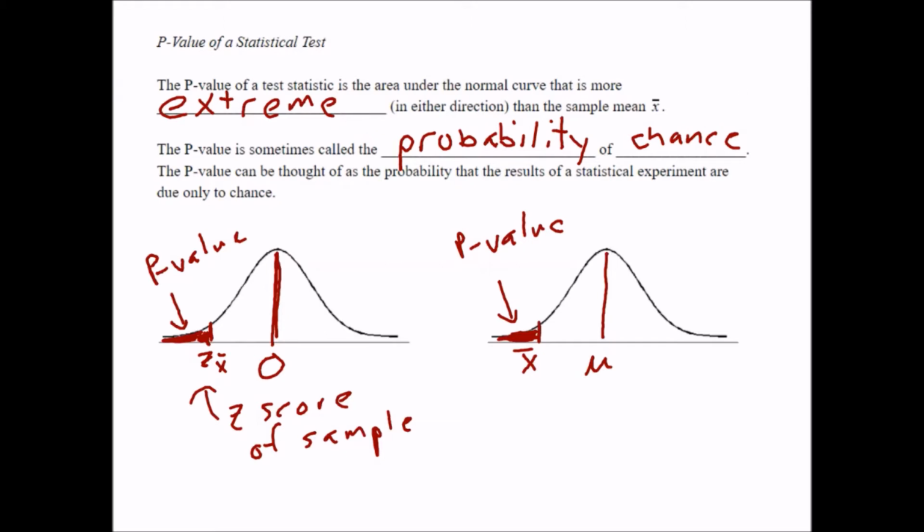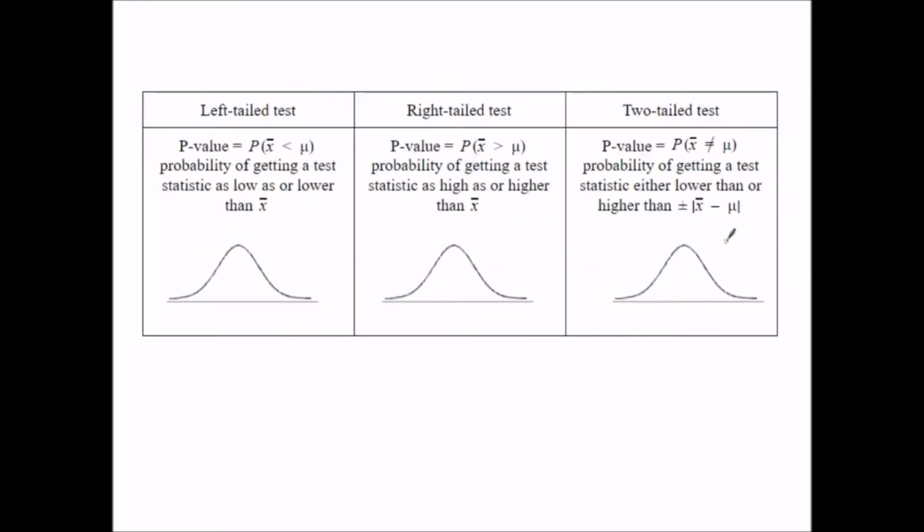So just to get an idea of what a left tail, right tail, and two tail test would look like in terms of a normal curve, left tail test, you have your mu right here in the middle, and the left tail test would go in this direction. So this area would be your p-value. A right tail test is when we're trying to find greater than the sample, in this case, the sample mean.